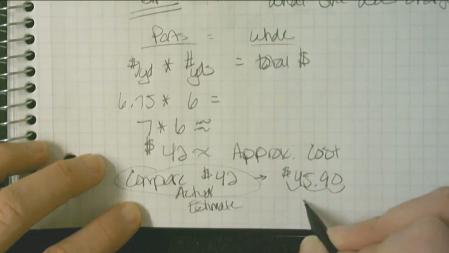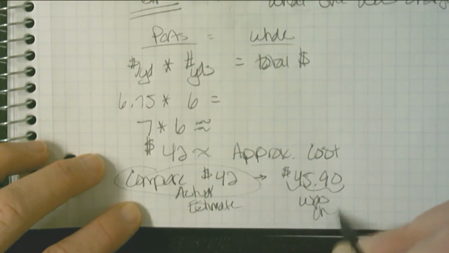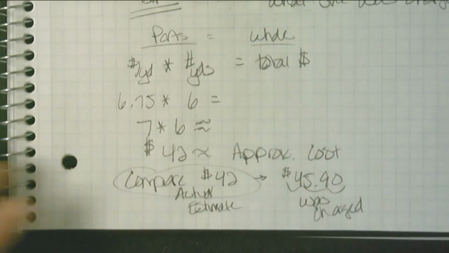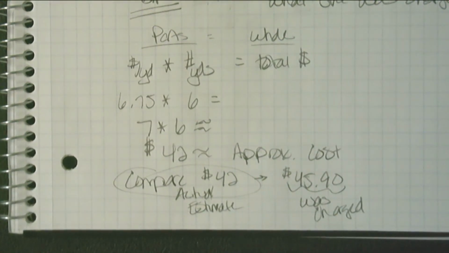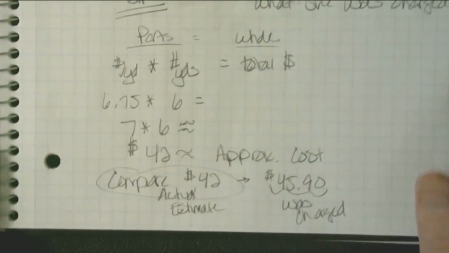This is what she was charged. Did they make a mistake? Yeah, we even rounded up, right? So that $42 is still a bit higher before taxes than what our actual really is. So yeah, they made a mistake.